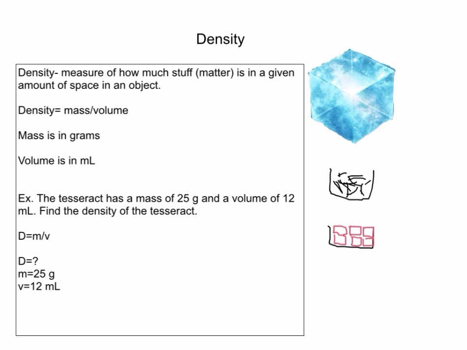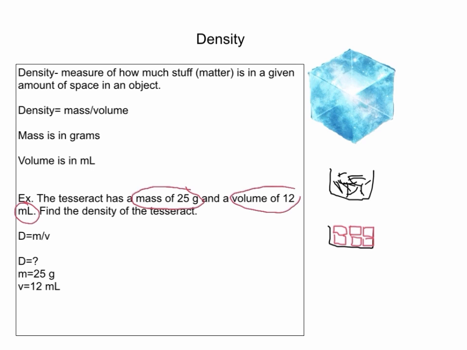What I'll sometimes do, reading through a problem, especially if they give me more numbers than this, is I'll circle the terms that seem important. There's a lot of words in here, but all I really care about is that it has a mass of 25 grams, so I'm going to circle that, and it has a volume of 12 milliliters. Those were the only really important facts.